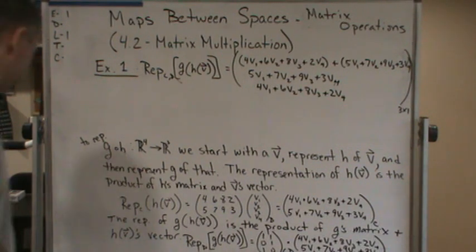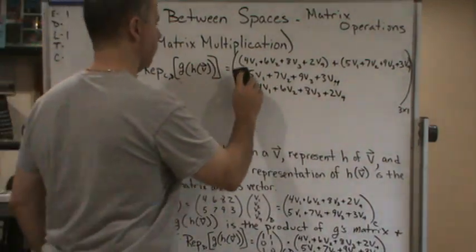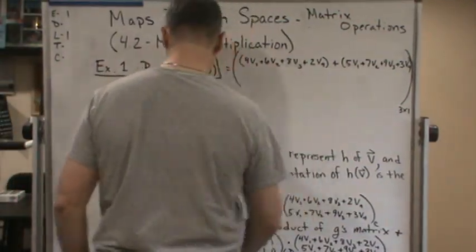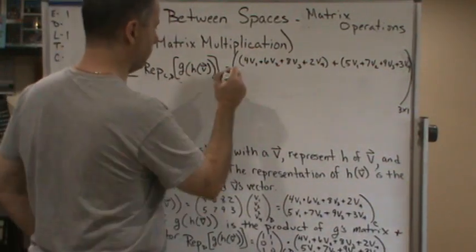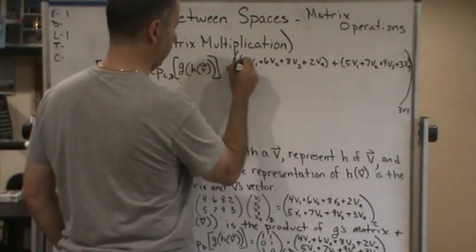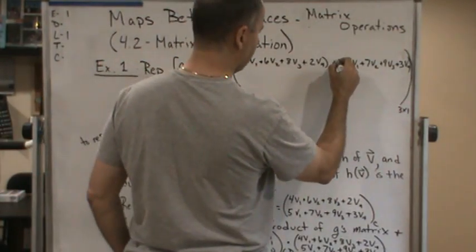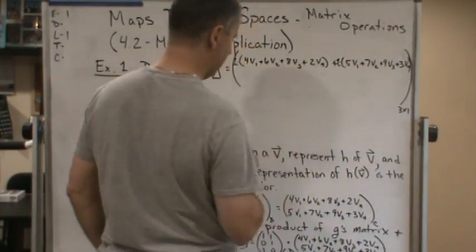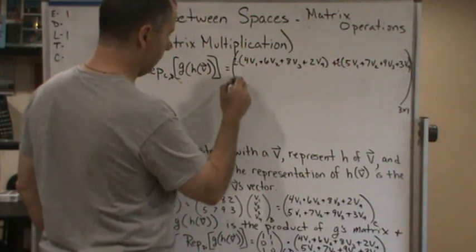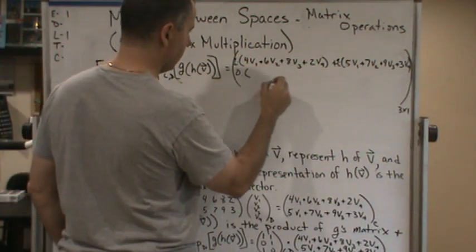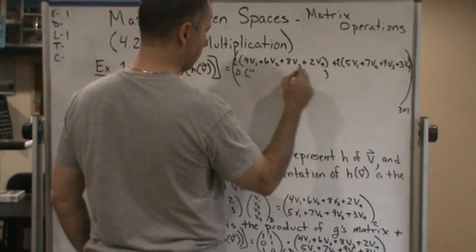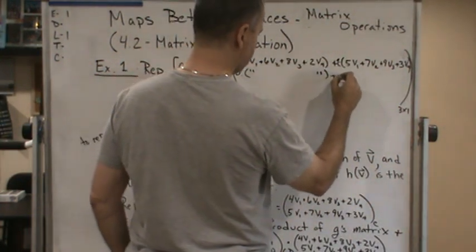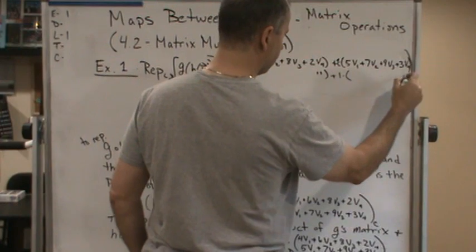You know what? Let me do this just to make it clearer. So this is going to be 1 times that, 1 times that, and then this is going to be 0 times this, and then plus 1 times this.